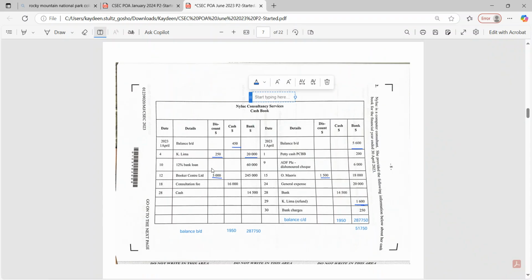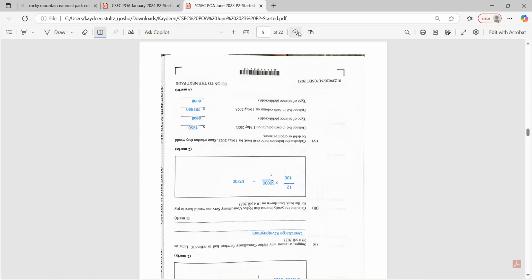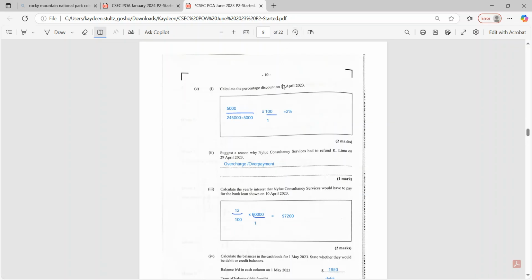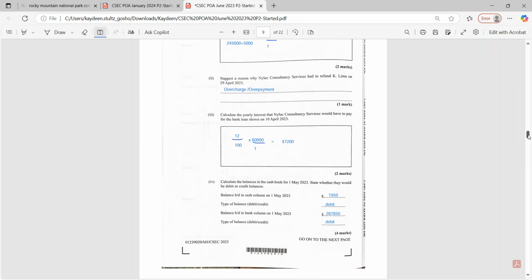So it's a 12% bank loan of $60,000. So we should calculate the interest. So we find 12% of $60,000, and that would be 7,200. So that is the yearly interest for Nyla Consultancy Services' bank loan.